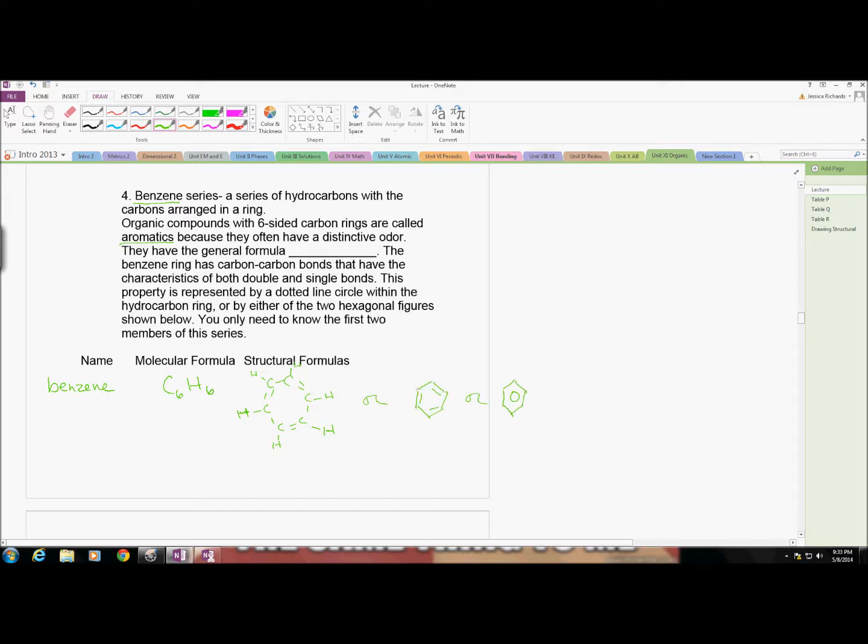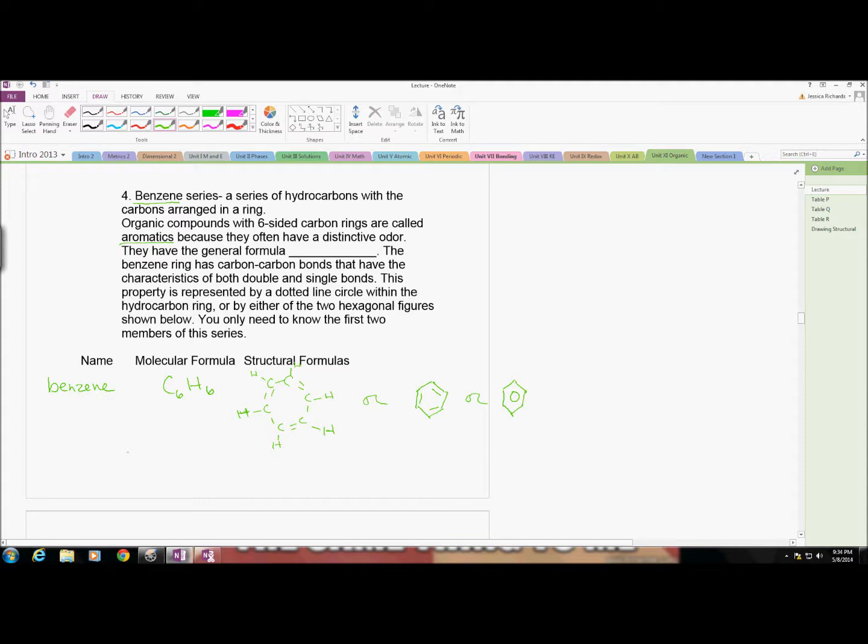In the simplified version, every corner represents a carbon. The double bonds are shown to you in this first version. You're supposed to know that there's hydrogen sticking off of each corner. In the other one, the circle is there because these bonds don't stay in place. Because these molecules move and flex, the bonds flex back and forth, and that's what the circle is representing. Again, you're supposed to know each corner is a carbon and there's a hydrogen off of each side.